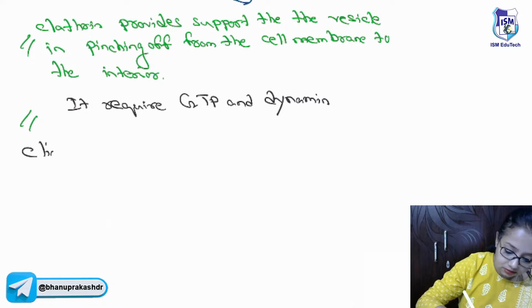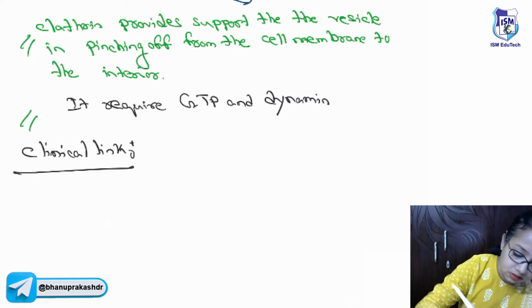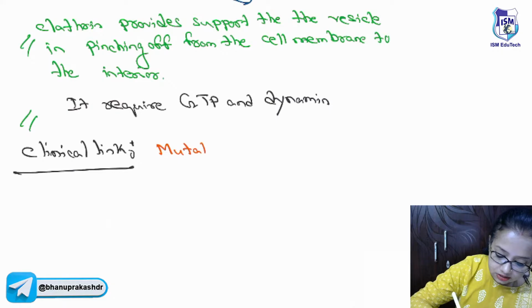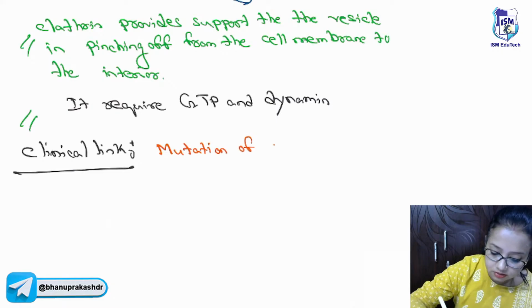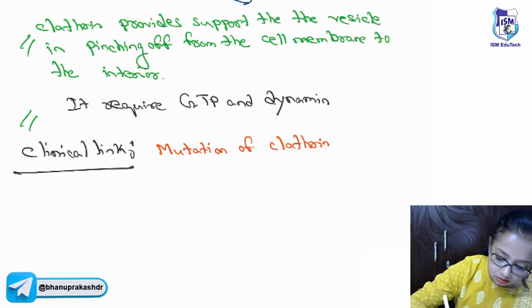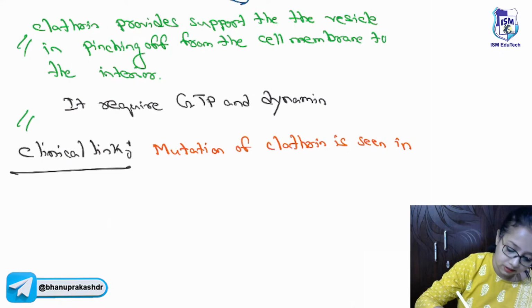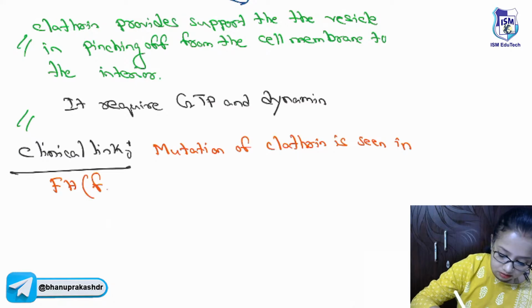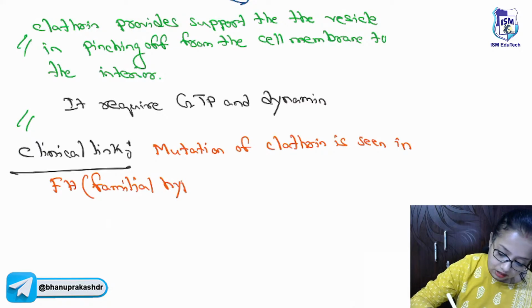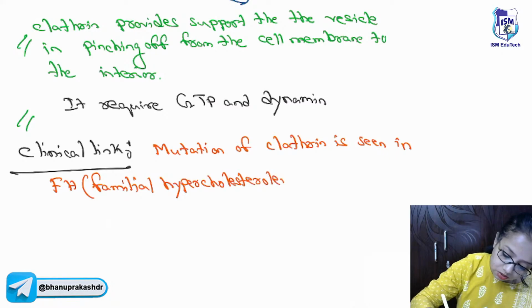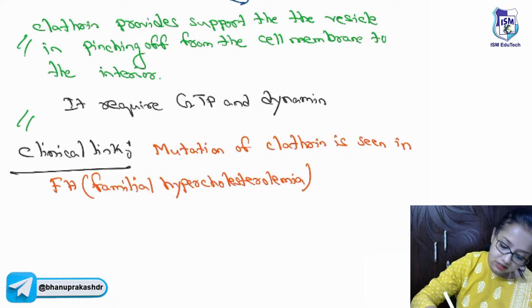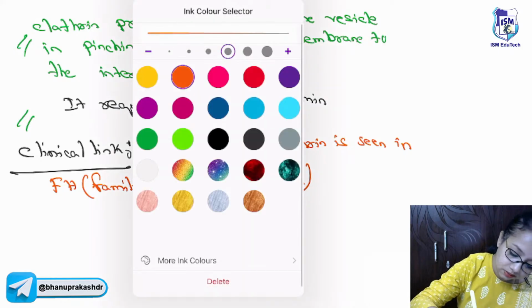The clinical link to it is that mutation of clathrin is seen in familial hypercholesterolemia. So in this disease, what happens here?